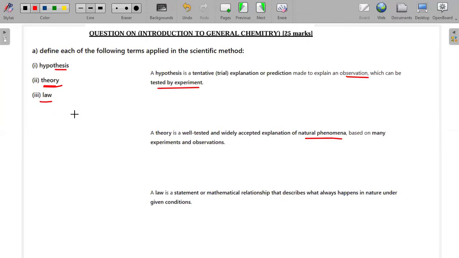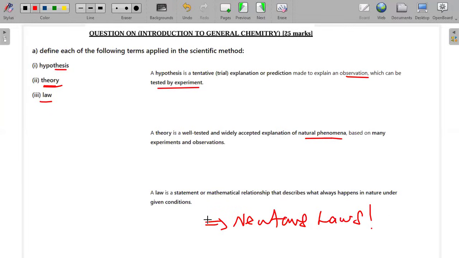For example, of the common laws that we have in science, chemistry, physics, we have Newton's laws. These Newton's laws came about through a process of scientific method. Very soon in physics, you're going to learn about Newton's laws.